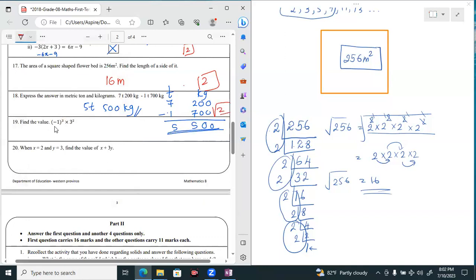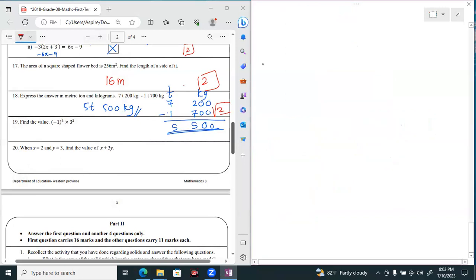Okay, here you have to multiply -1 to the power of 3 times 3 to the power of 2. You can expand this: -1 times -1 times -1, because you know that the power says to multiply repeatedly many times. 3 to the power of 2 means 3 into 3.